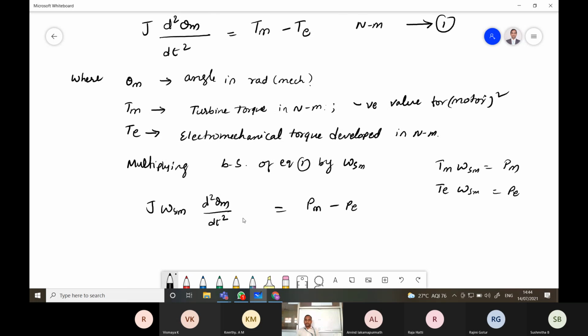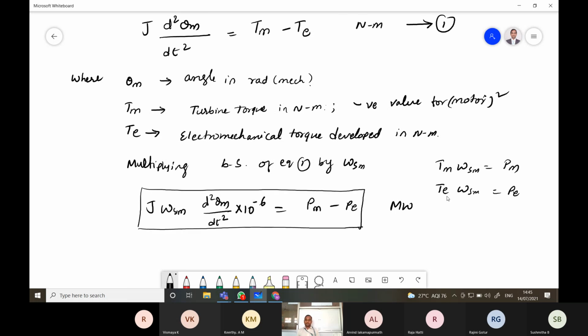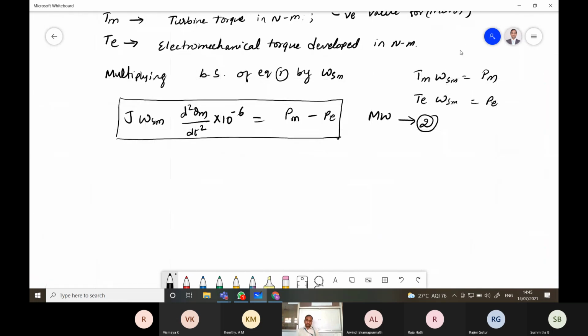We need to express this in megawatts, so we multiply by 10 raised to minus 6. This is equation number 2, in megawatts.